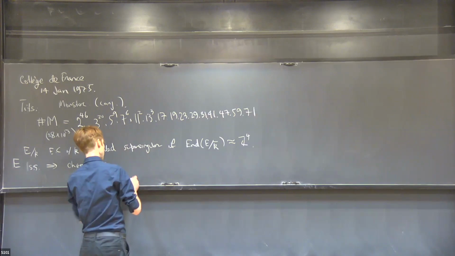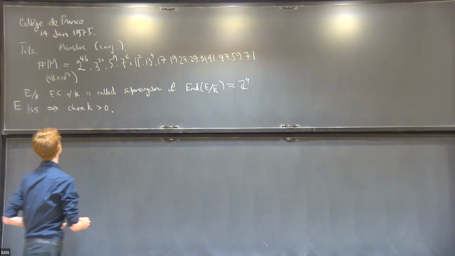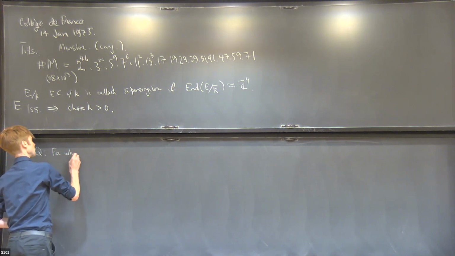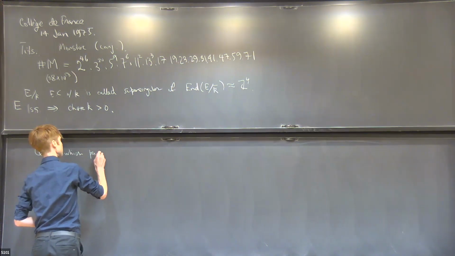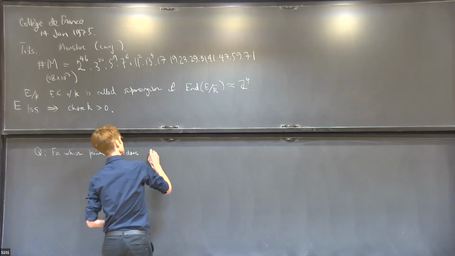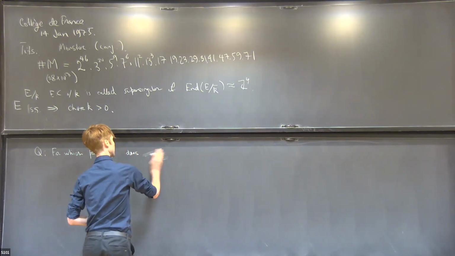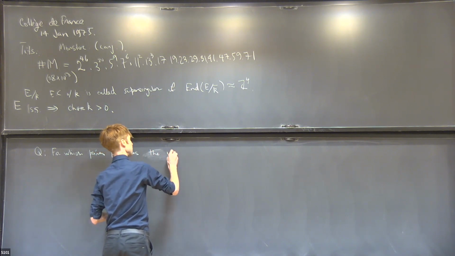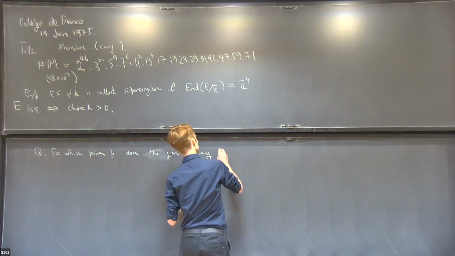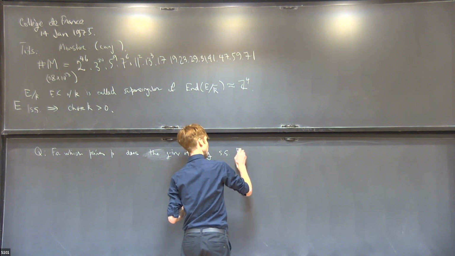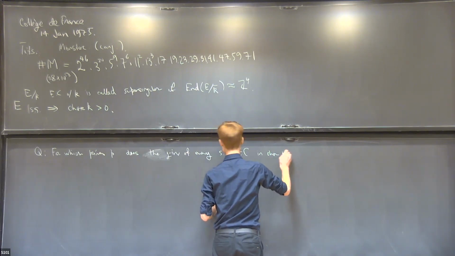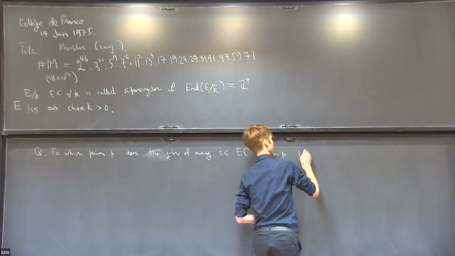And given just that, we can ask the following question: for which primes P is it the case that the J invariant of every supersingular elliptic curve in characteristic P lies in the prime field?